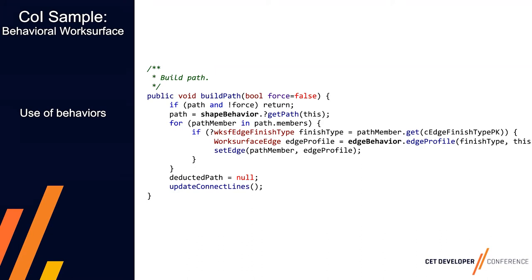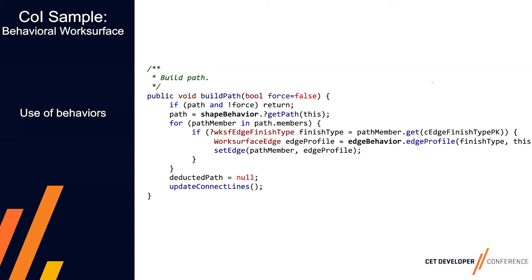So for a rectangular surface, it would be a set of 4 lines representing the front, back, left, and right of a surface. In this method where we build the path for our composition over inheritance-based work surface, we would then call the behavior to get the path. And if you look down a little further, you'll see that we call the edge behavior to determine what the edge type of each of the different sides of the surface is.